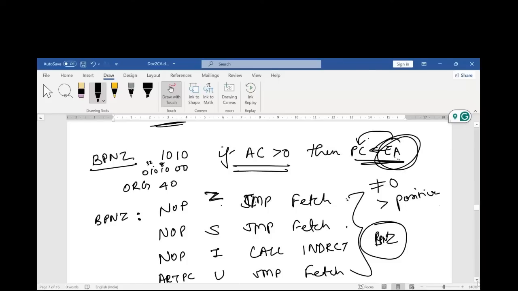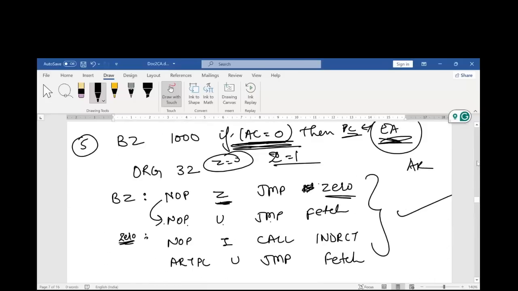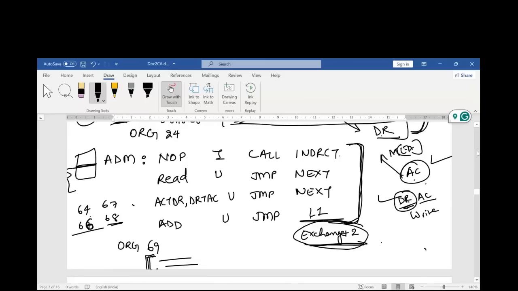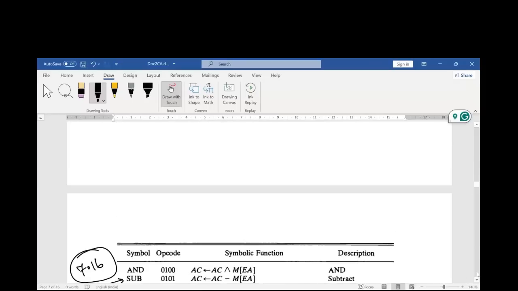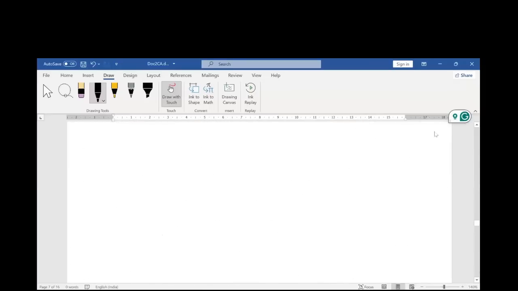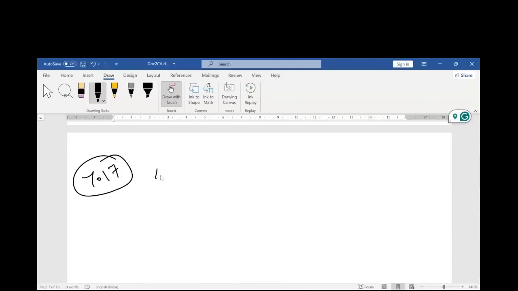Fine. So this is your 7.16. This is how we write microprograms for any micro instruction, any instruction given to us. Now, if you look at your textbook, you have 7.17 and 7.18. 7.17, I think, is for ISZ instruction, increment and skip if 0.